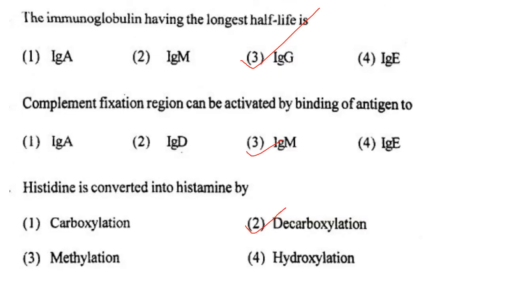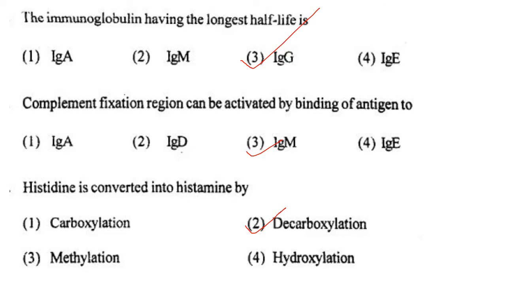Next one. The immunoglobulin having the longest half-life is option 1, IgA, 2, IgM, 3, IgG, 4, IgE. Answer is option 3, IgG. Next one.